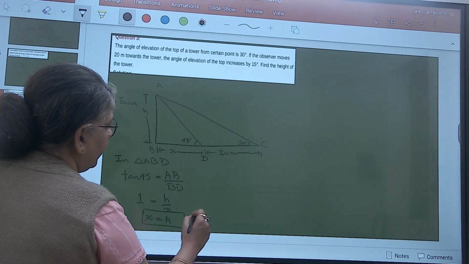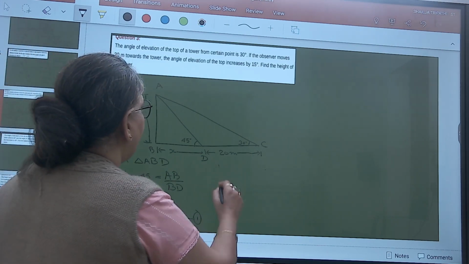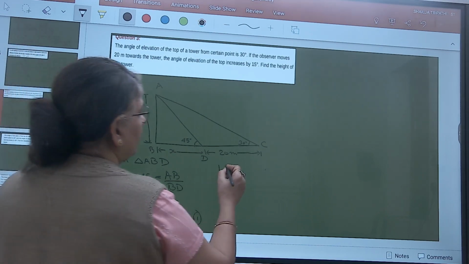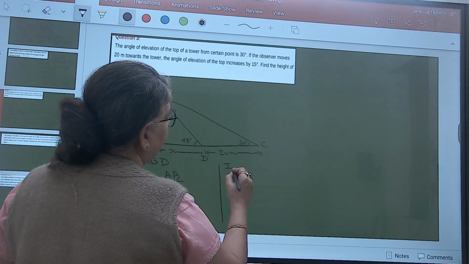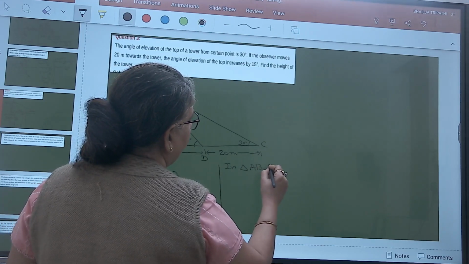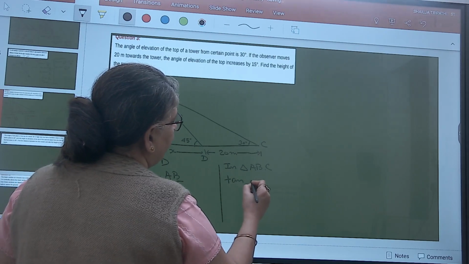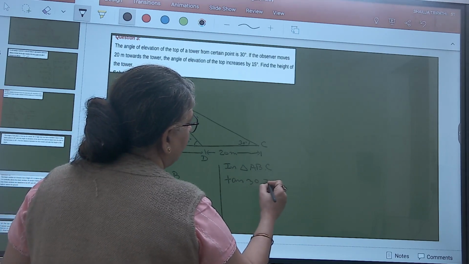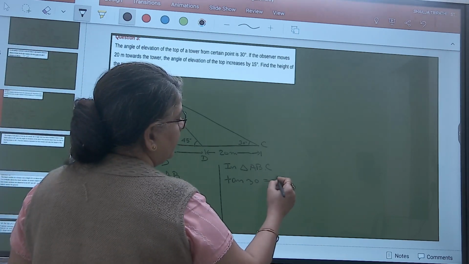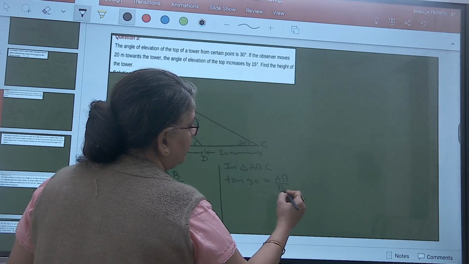Let this be equation 1. Now let's take a bigger triangle ABC. In triangle ABC, we can write tan 30 is equal to AB upon BC.